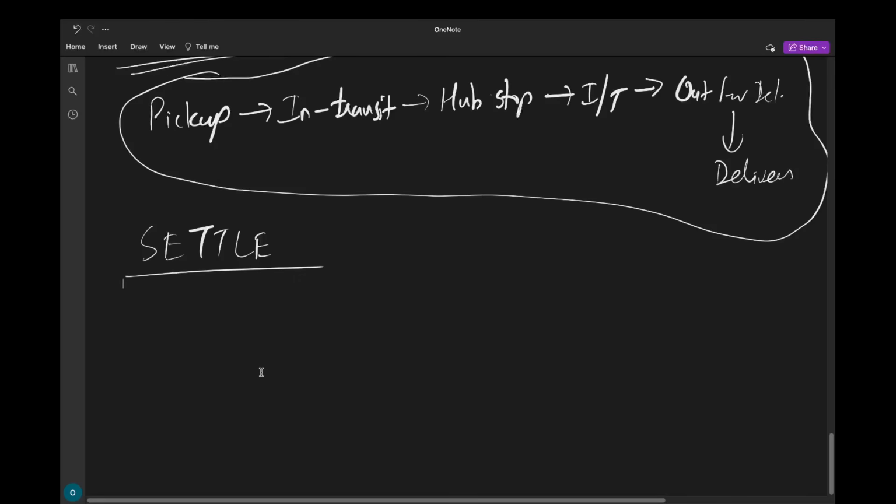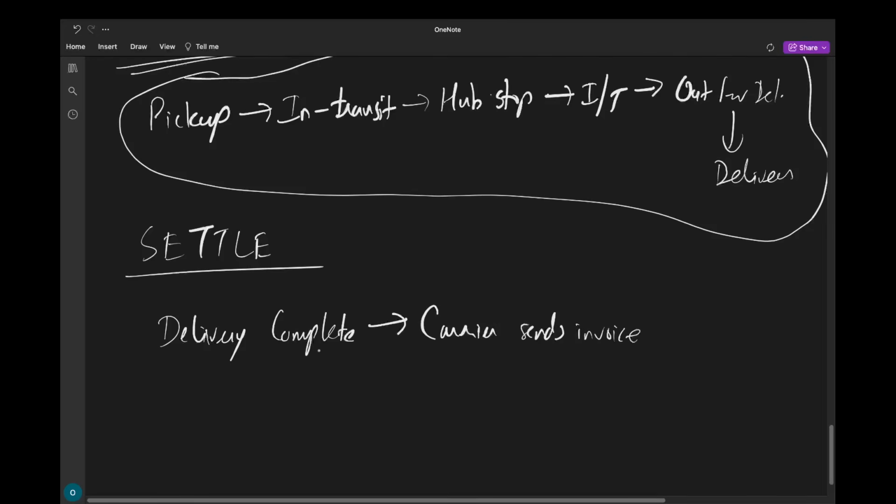So once the delivery is complete, the courier sends the invoice. This invoice is verified.